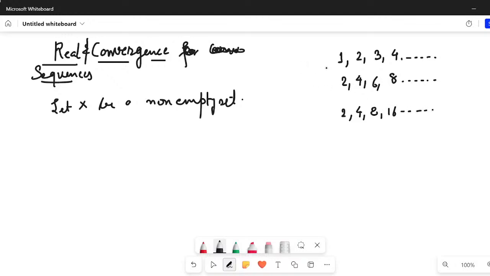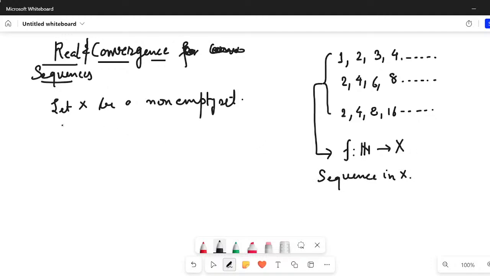In all of these sequences, you can associate a function from N. Here these are all real numbers, but in general if I declare a function from the natural numbers to a set X, then I say that I'm defining a sequence in X.